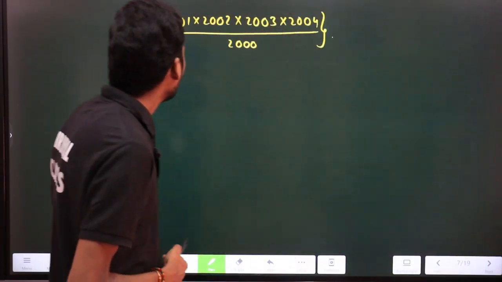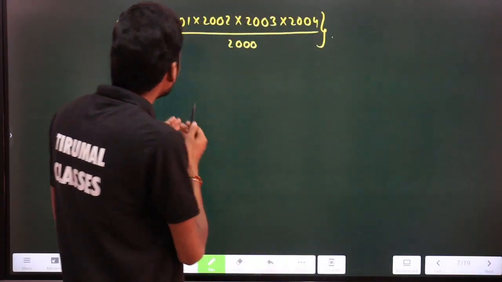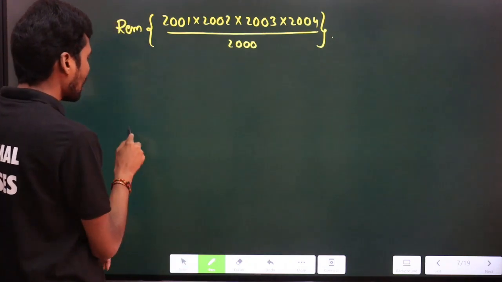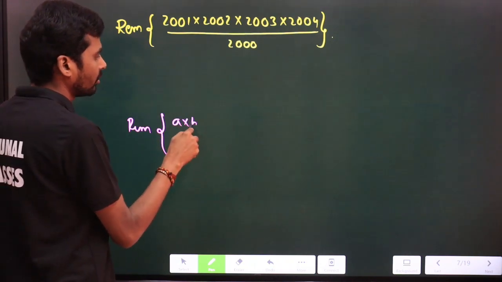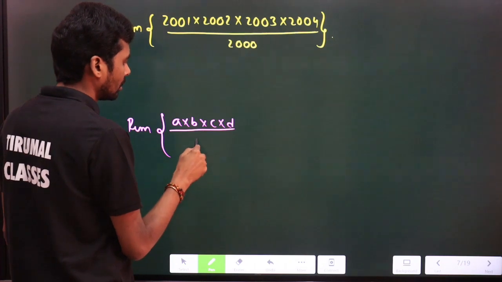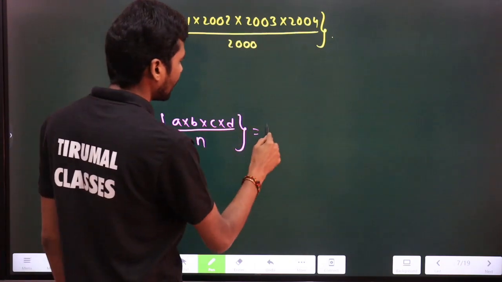Similarly, if we have the remainder of 2001 into 2002 into 2003 into 2004, again we can break it. The property here is: when multiplying different numbers in the numerator and dividing by the same number, again we can split.